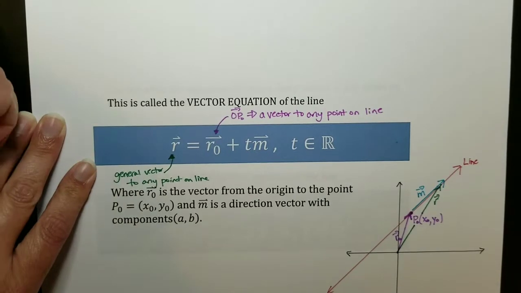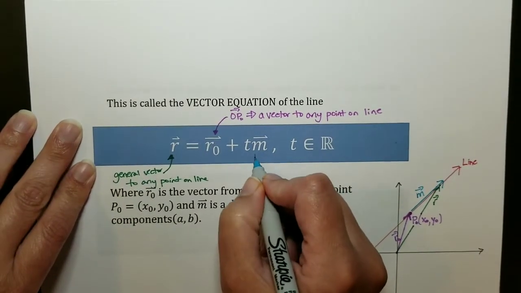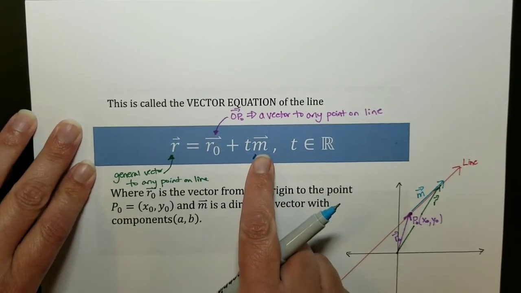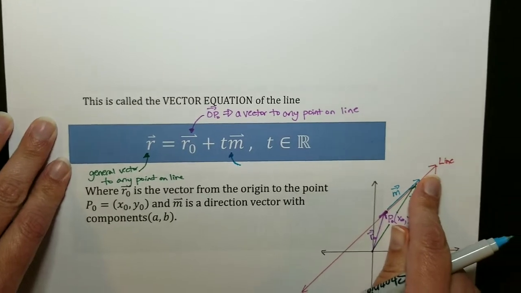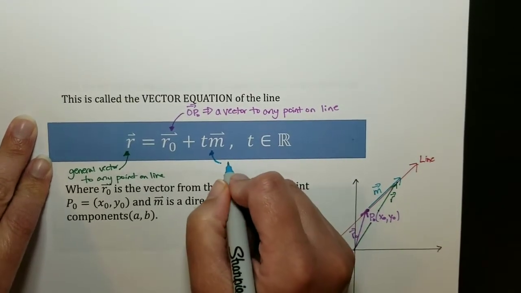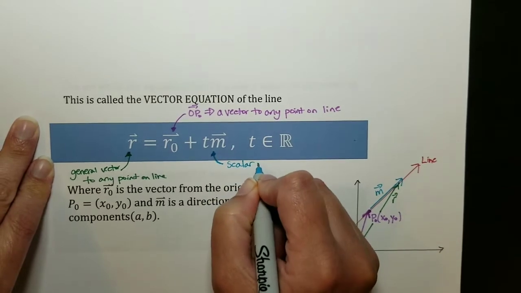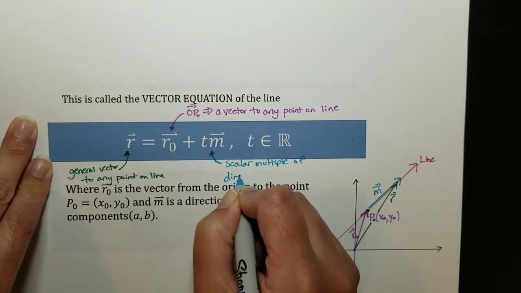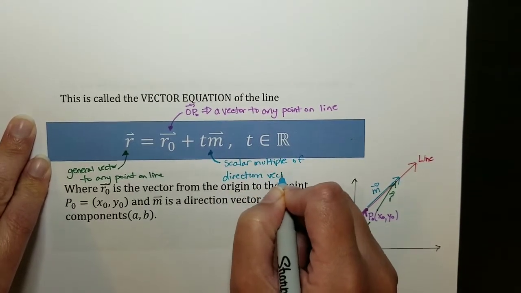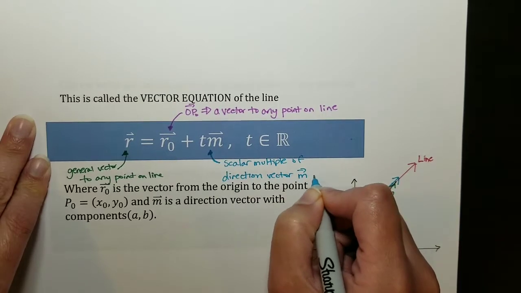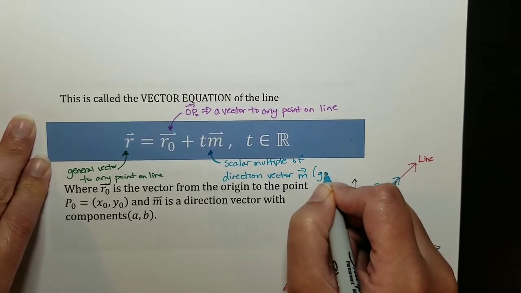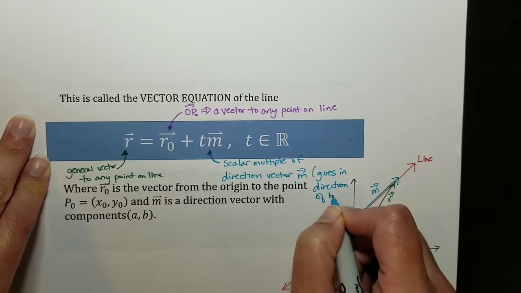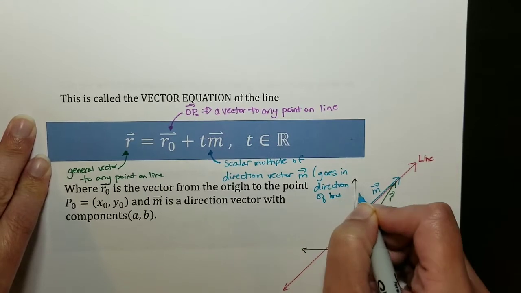And once we get to that specific point on the line, I'm going to use this t, scalar multiple t, times vector m, where vector m is a direction vector in the same direction as the line. So this is a scalar multiple. So m goes in the direction of that line.